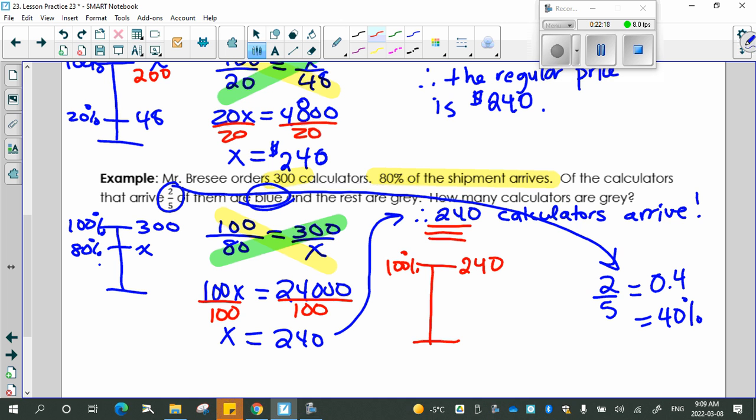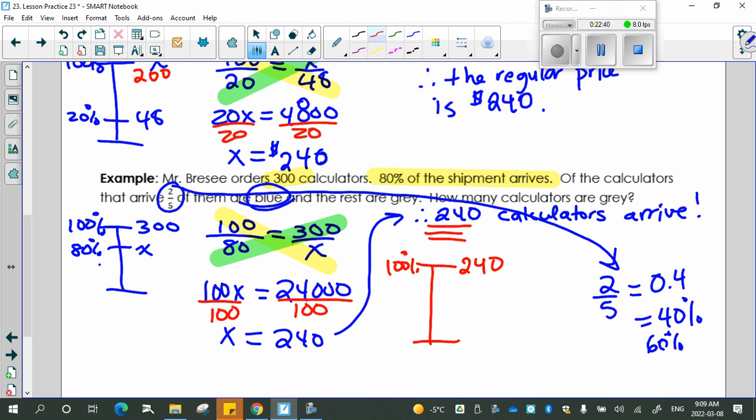So how do we get the gray ones? There's a couple strategies. What was yours, Jacob? 100% minus 40%. Okay, so Jacob's thinking is that if 40% are blue, then 60% must be gray. Does that make sense to everybody? So he's going straight for the gray ones.